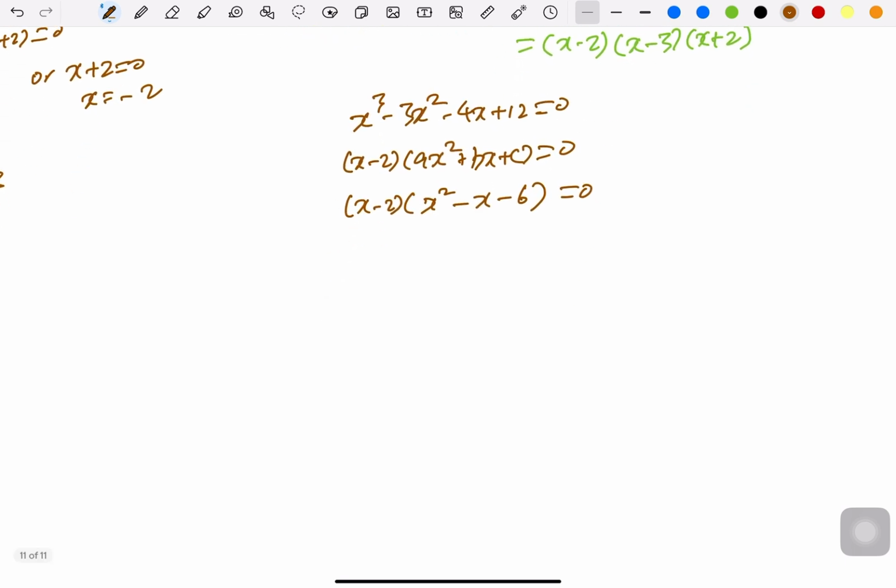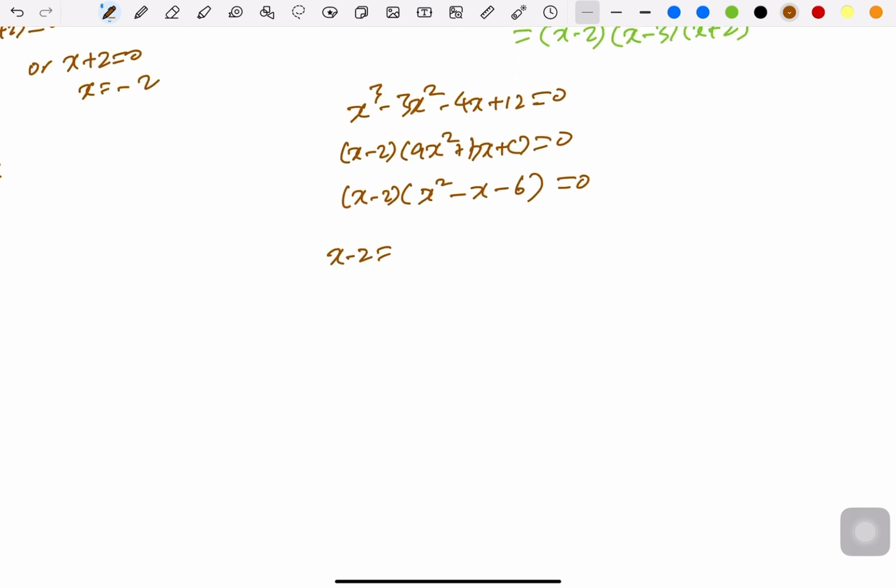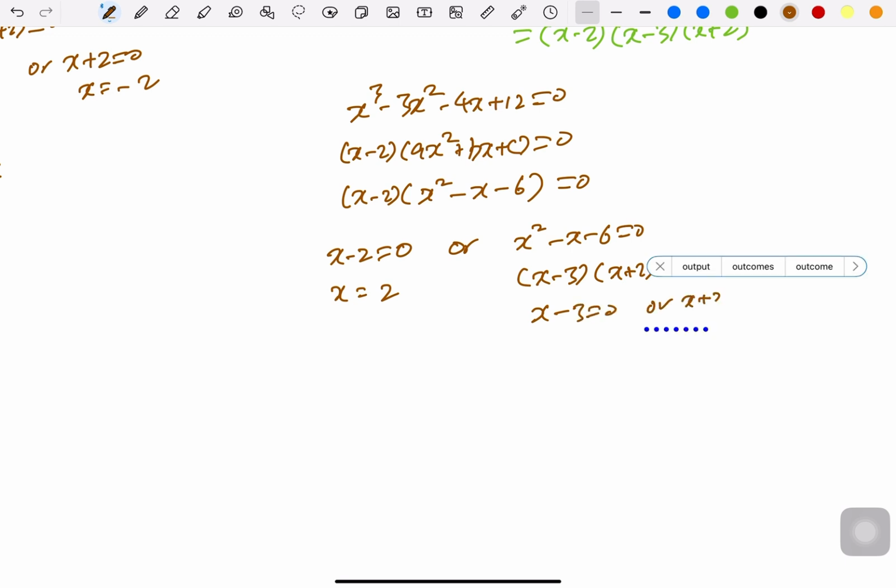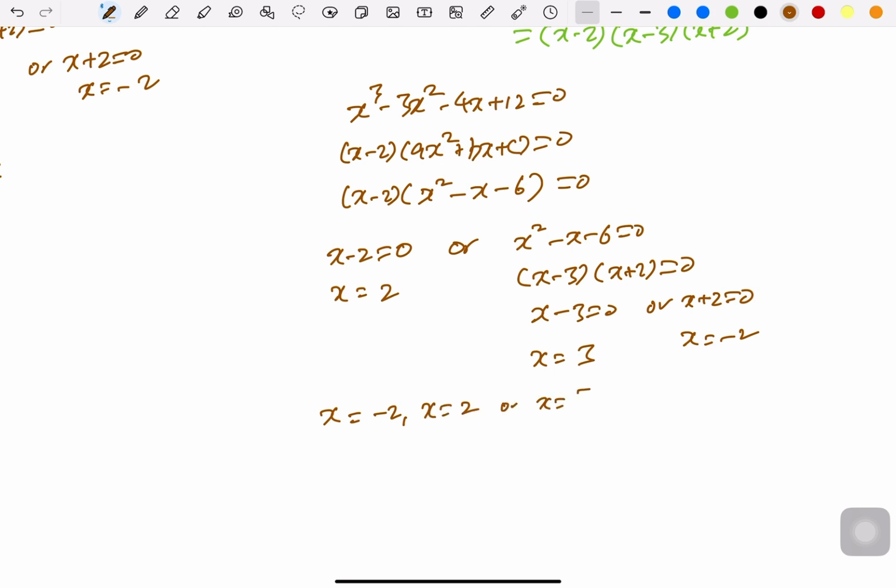So same thing here. I'll find x, one of them. This is exactly the same, so I will not explain again. If it can be factorized, I factorize, and if it cannot, I will use the formula here. So x equals minus 2, x equals 2, or x equals 3.